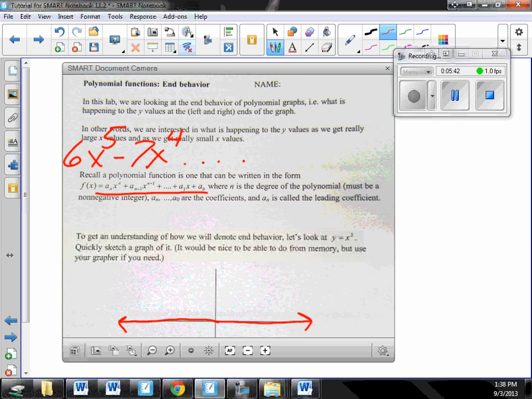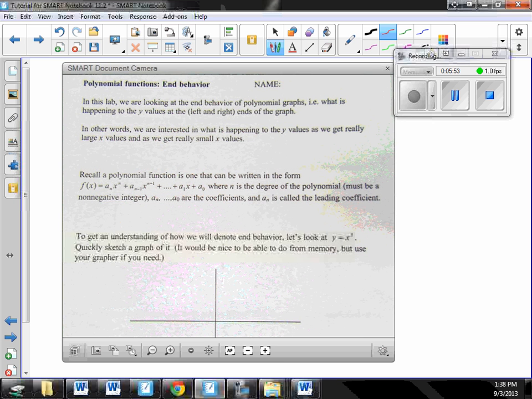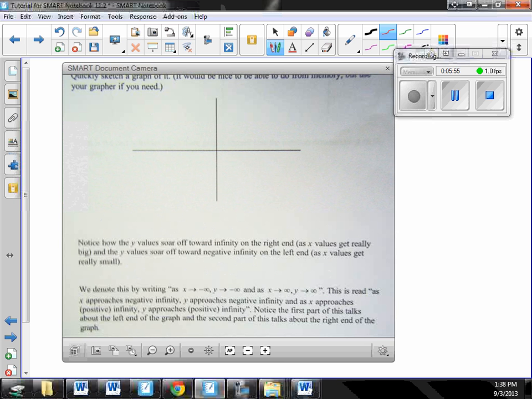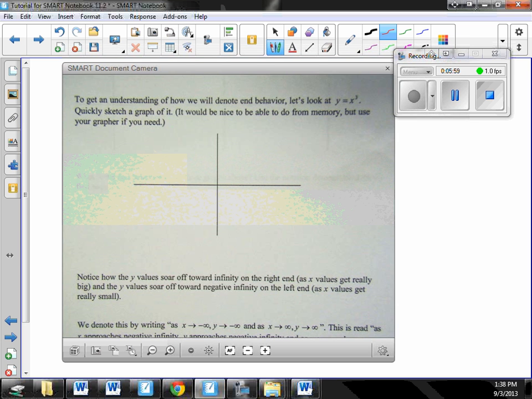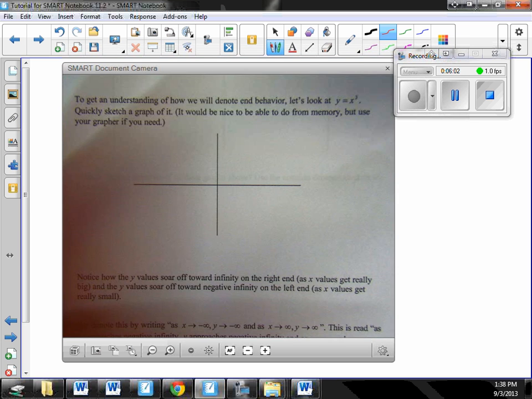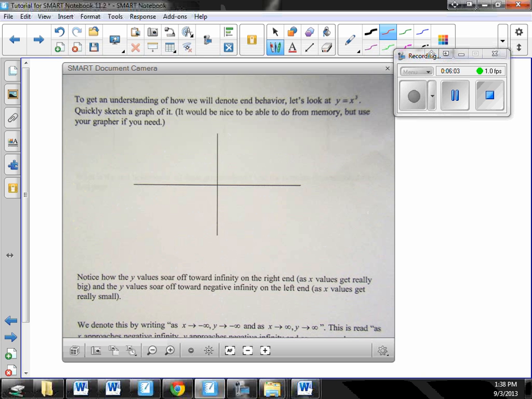So if we had an x to the 1 millionth polynomial, that first one is going to dictate what our graph looks like. Okay. To get an understanding of how we will denote end behavior, let's look at x to the third. So if you have your calculator, and mine's turned off, go into y equals and graph x to the third.